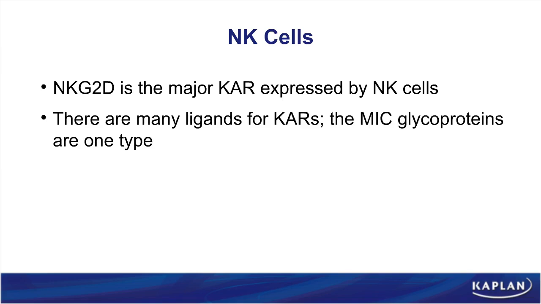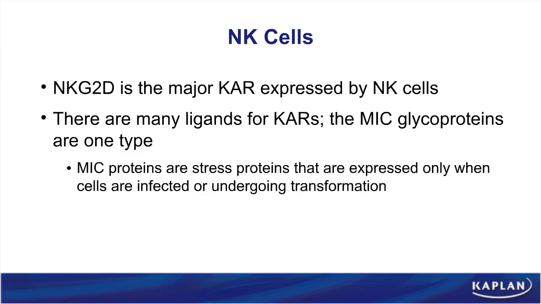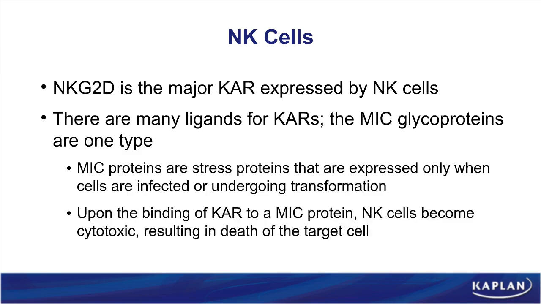One of them are the MIC glycoproteins, which are stress proteins that get expressed only when cells are infected or undergoing some sort of transformation. When the activating receptor binds to a MIC protein, the natural killer cell unleashes all of its ammunition, becomes cytotoxic, and can kill the target cell.